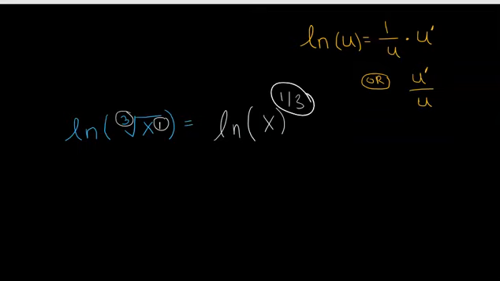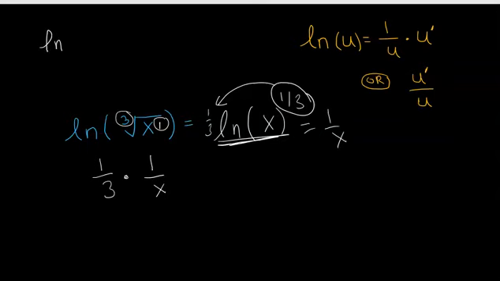Now it's looking like the first few problems we did, in the sense that I take the nth degree and I move it to the front. So it becomes 1 over 3 times 1 over x. Where did I get that 1 over x? I got it from right here. ln x becomes 1 over x.